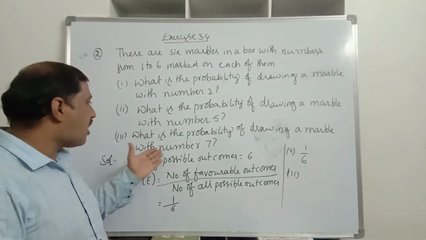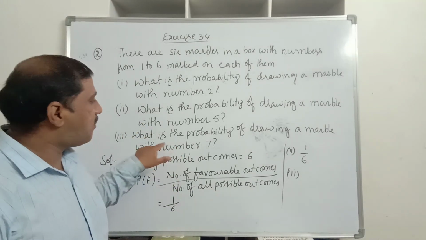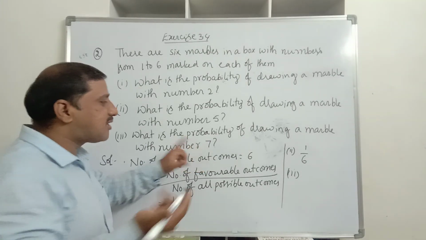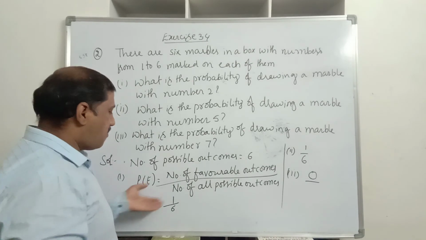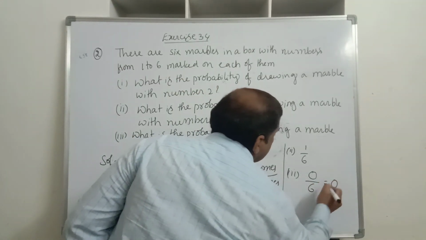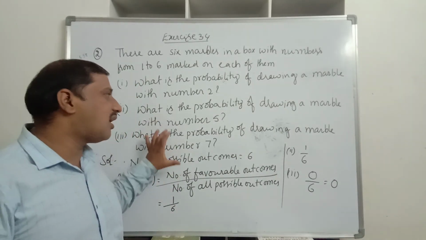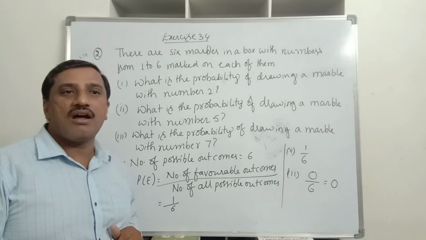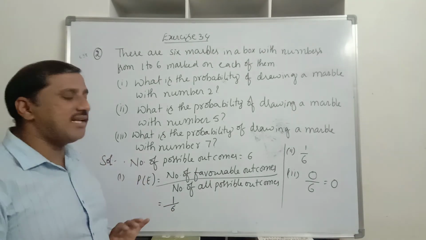How many favorable outcomes are there? 0, because it is impossible to happen. Possible outcomes are 6. Therefore 0 by 6 is equal to 0. 0 divided by anything other than 0 is 0. Therefore the probability of impossible events is 0.